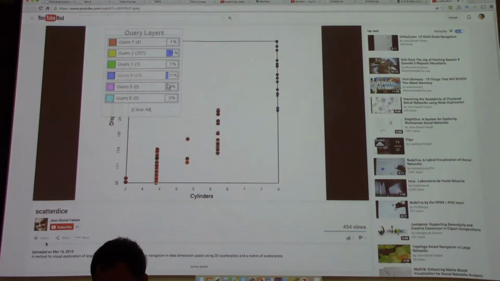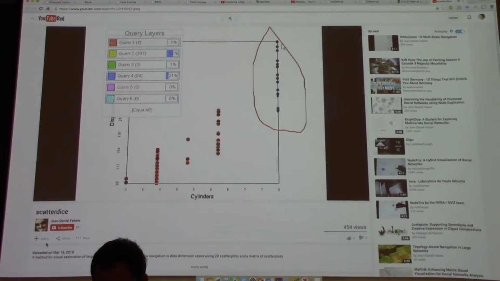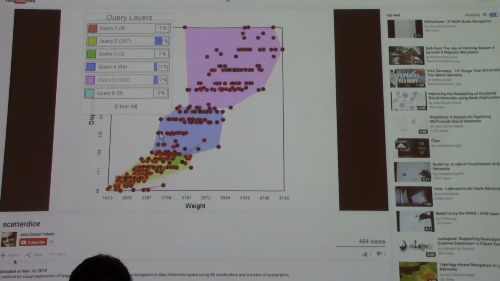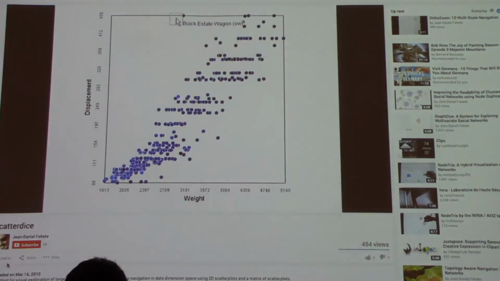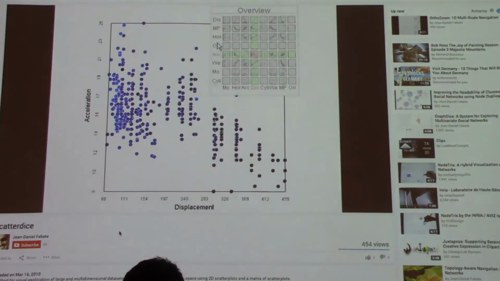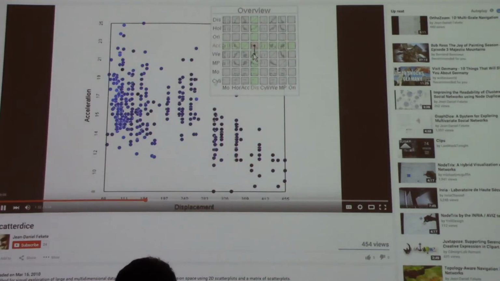Scatterdice allows the user to build queries using the query layer box and a lasso tool, and then see how the queries distribute in other plots. The user can move an eccentric label lens on the plot to see the nominal names of the data points. This also works with query selections. Finally, the rows and columns of the matrix can be reordered, either manually using drag and drop.